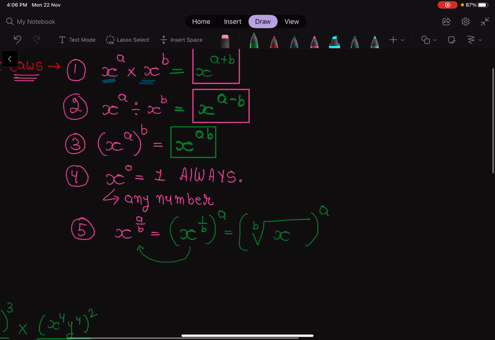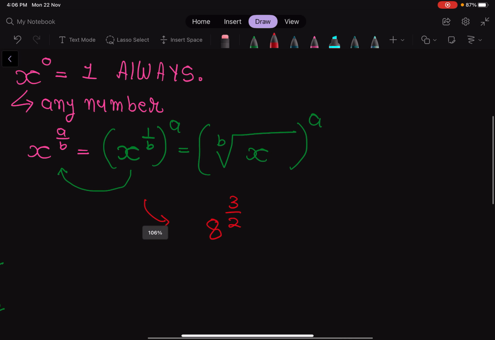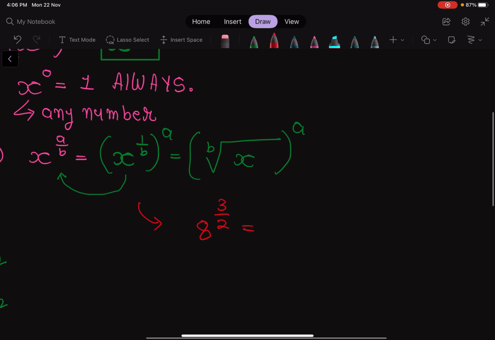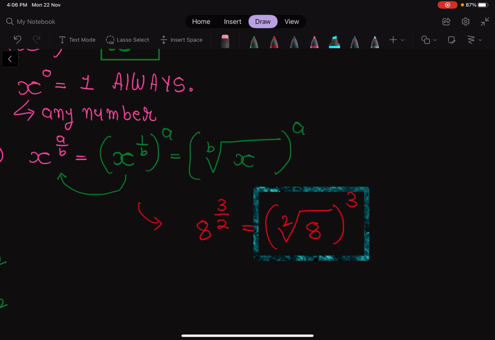This is all the same. For example, if you encounter something like 8 raised to the power 3 by 2, what this really means is under root 8 raised to the power 3. Alright guys, you can just solve it using your calculator and you will get the answer.